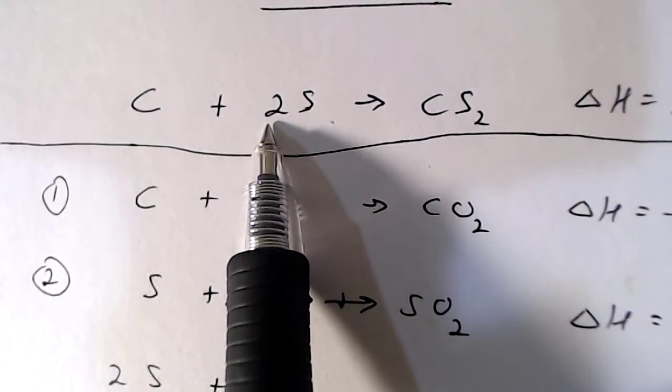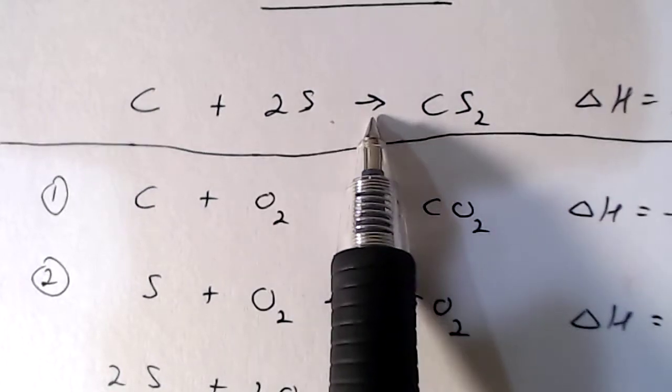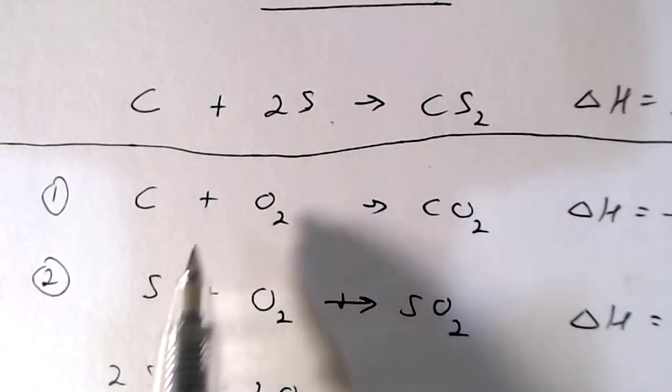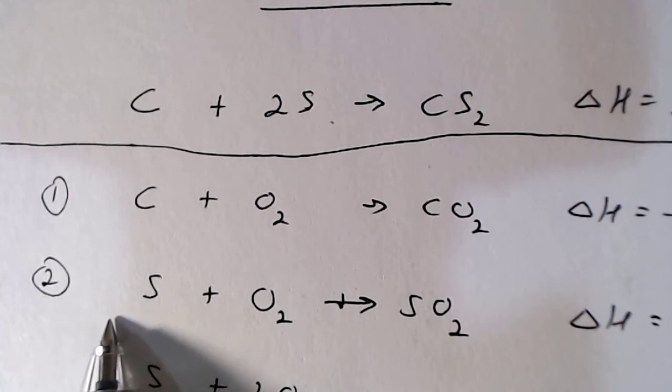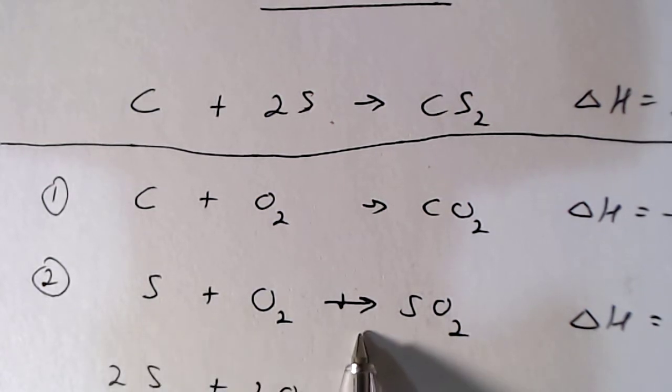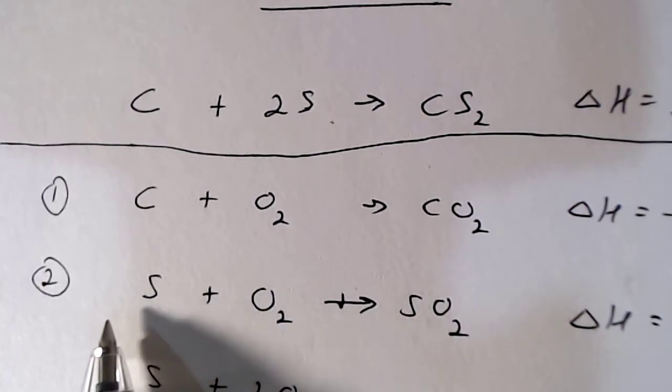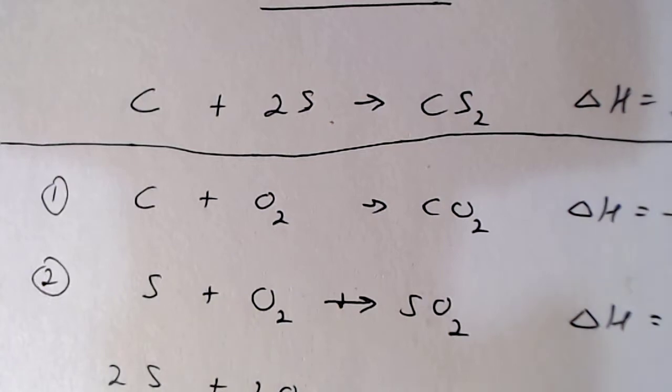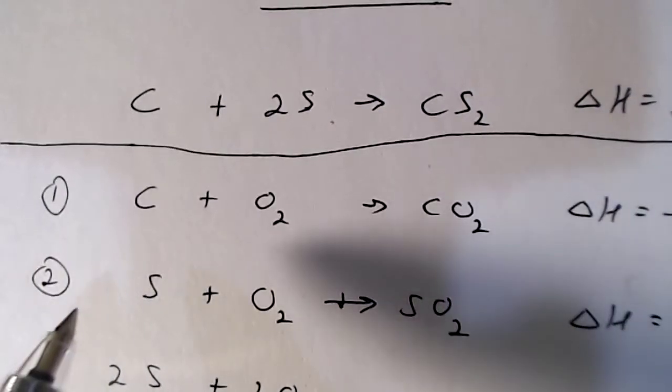Next, we want to have 2 sulfurs on the left of the arrow, but right now equation number 2 has just 1 sulfur to the left of the arrow. So you will need to manipulate this equation by doubling the number of sulfurs.